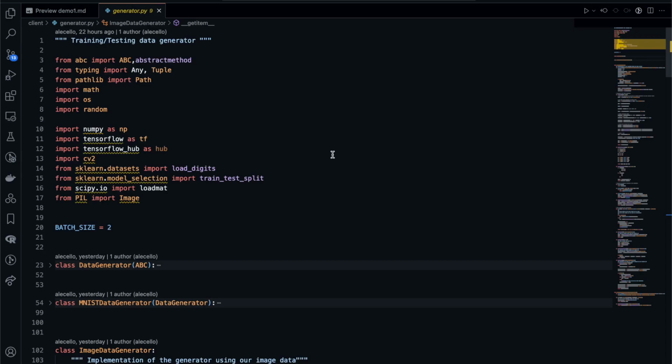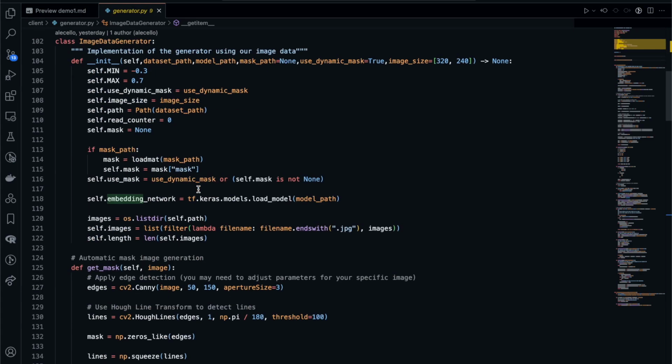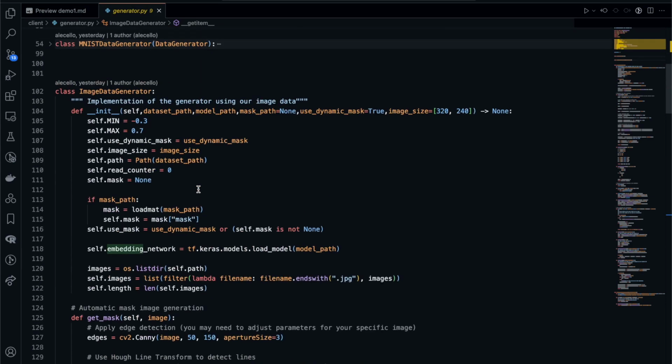And here's the Python code that does that.